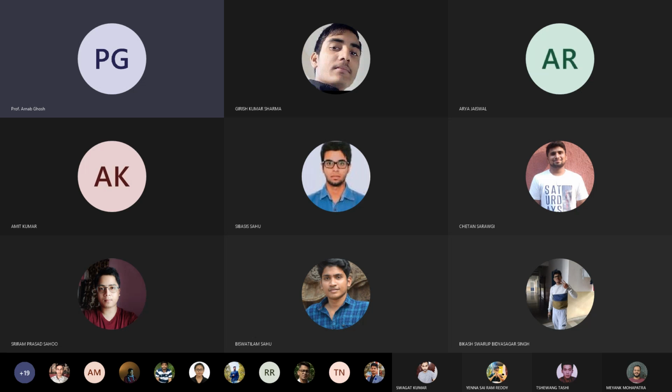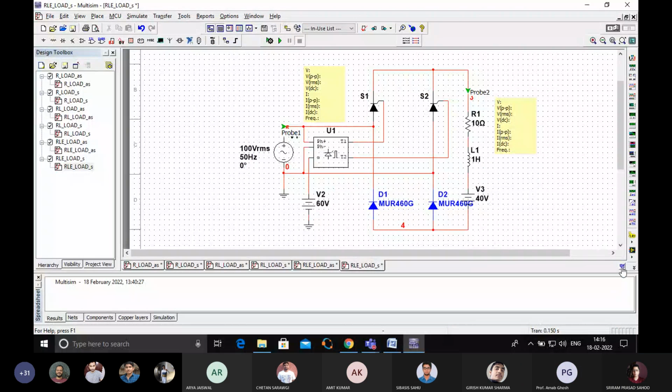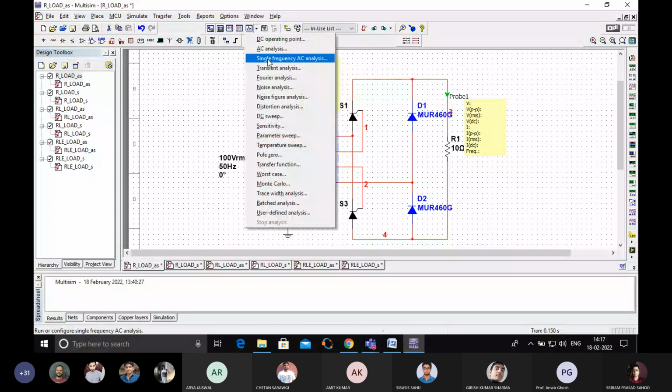Sriram, please share your computer screen. Sir, is my screen visible? Yes, properly visible, no problem. This is the asymmetrical converter.